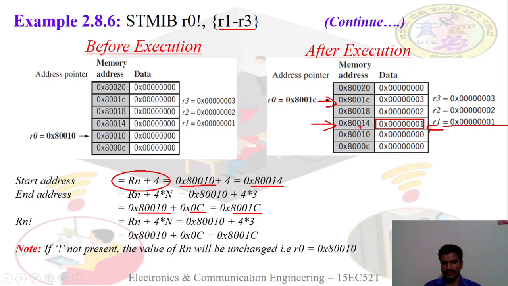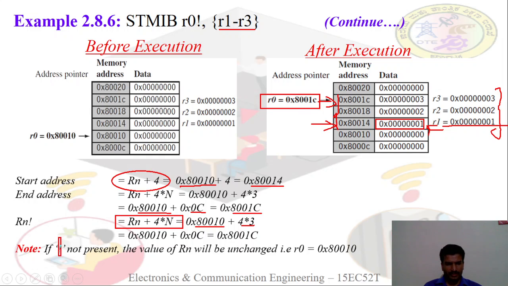So 80014, 80018, 8001C: 3 memory locations for 3 words. Starting address, end address. So for the write back, Rn equals Rn plus 4 into n. Rn contains 80010 plus 4 into 3, 12, so 8001C. That is the end address updated to R0.